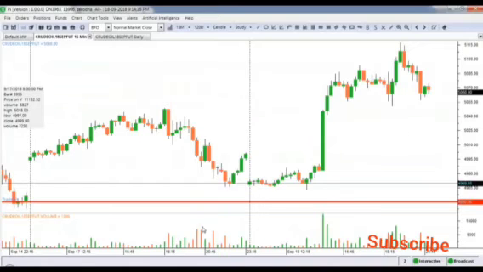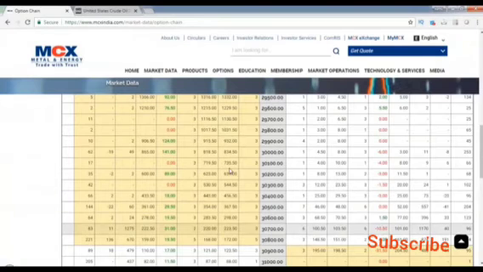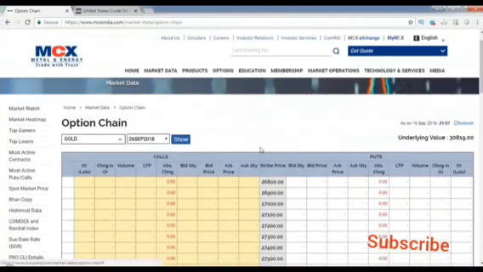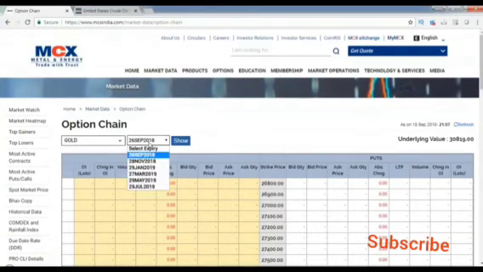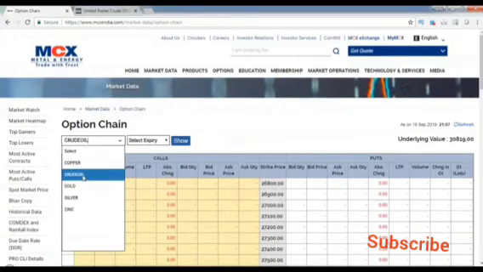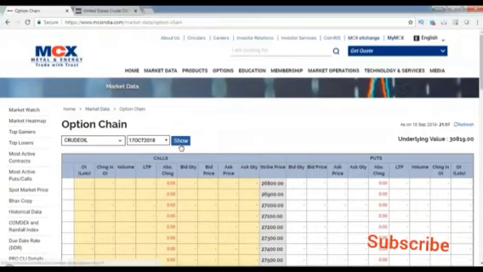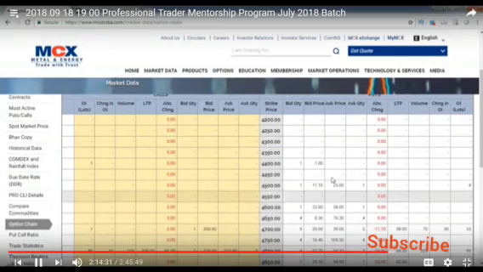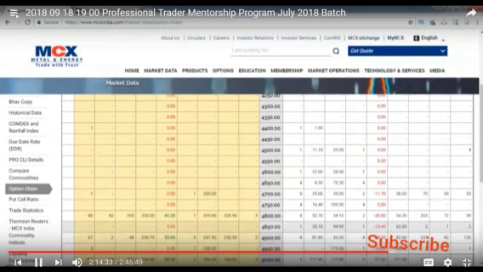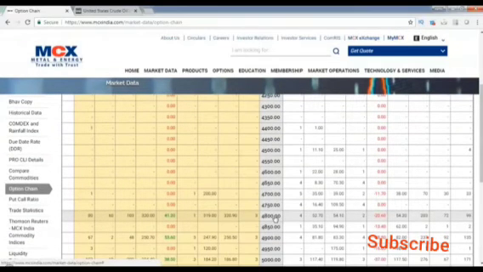What you can do is, in that case, say for example, this is crude, and crude now will be 17th of October. So anyways, the contract is rolling over, right? So you'll be trading in the October contract. Now say for example, what is the previous month's futures low?